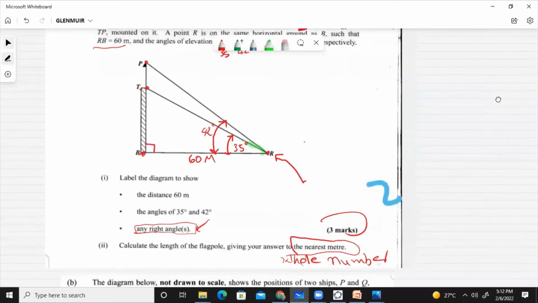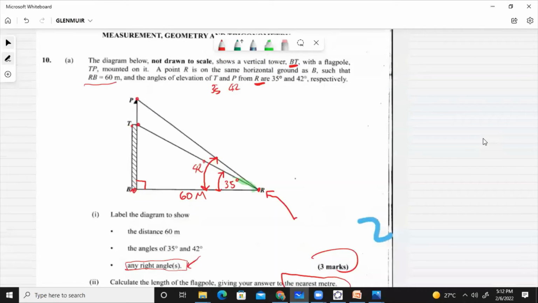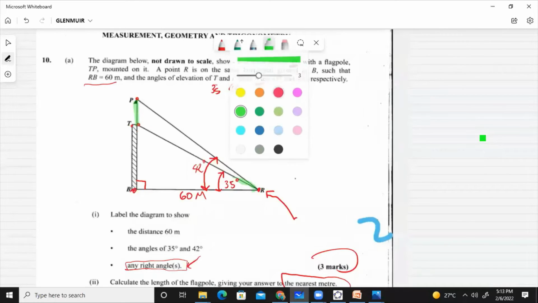The flagpole, let's think about it. We want to find this in green here, that distance. Now, let us observe this carefully. This blue is from top all the way down. So the blue is referring to BP, from the ground to the top of the flagpole.